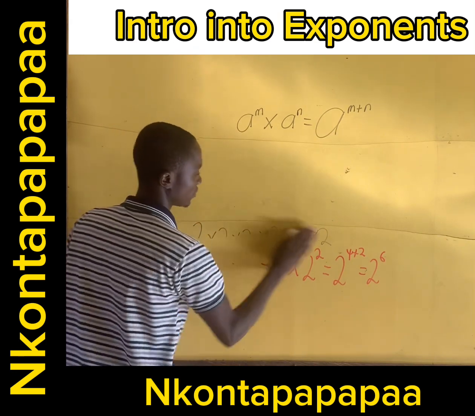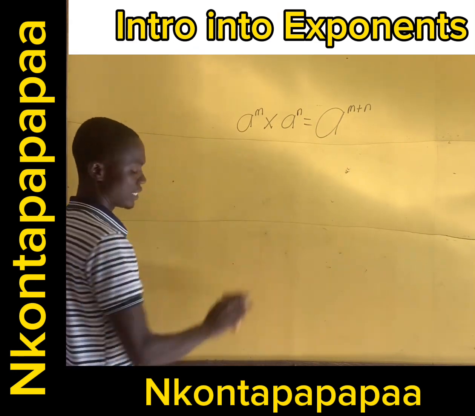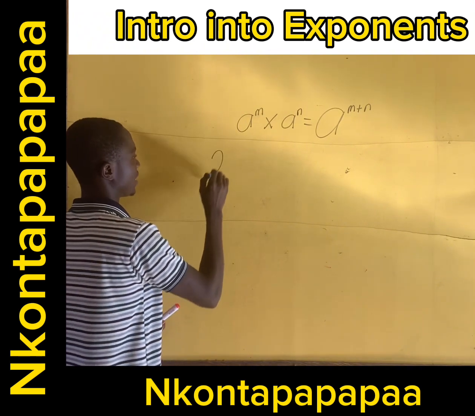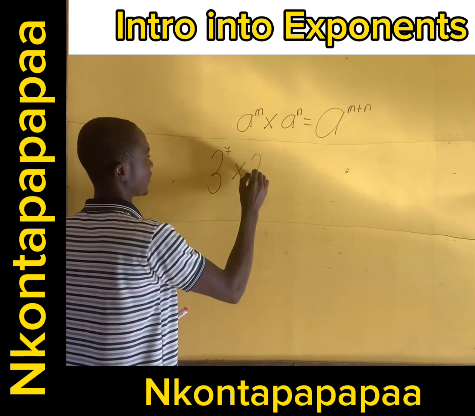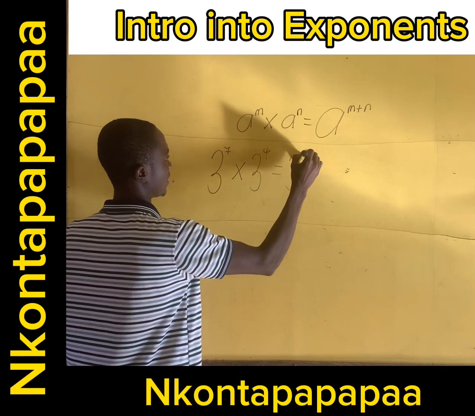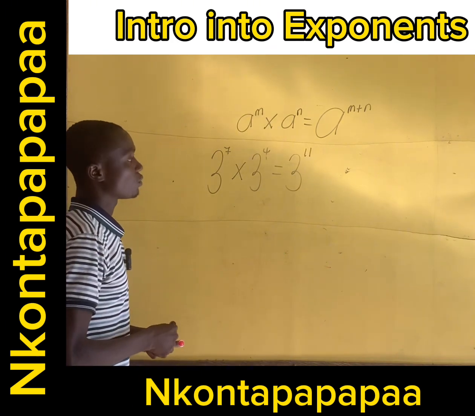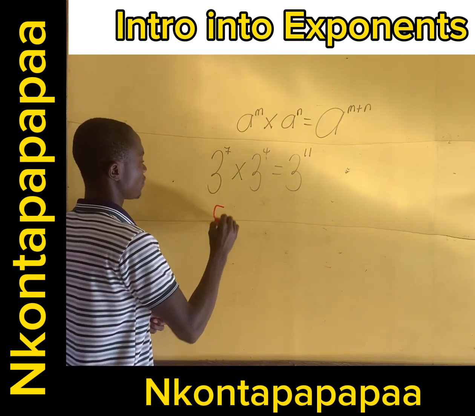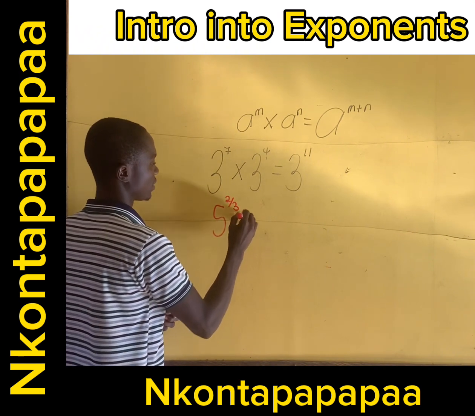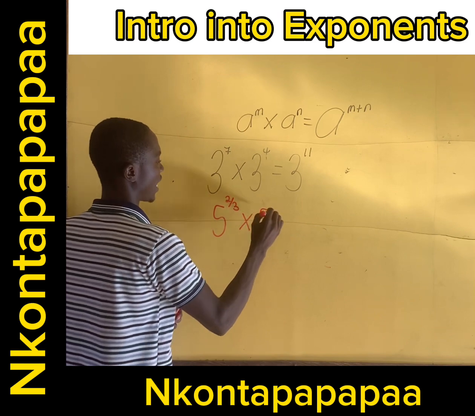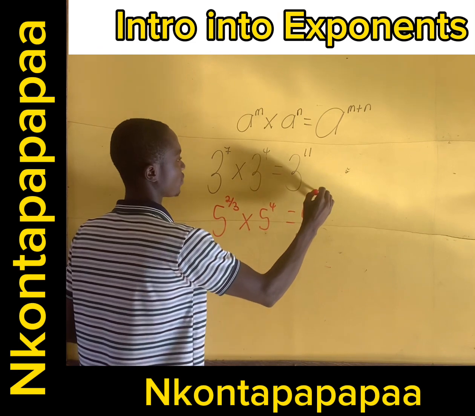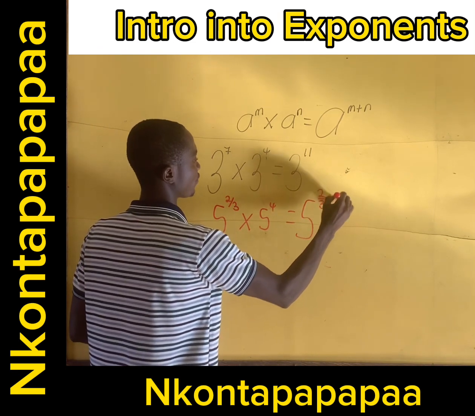Wow, so let's see this. If I have, let's say, 3 exponent 7 times 3 exponent 4, then I have 7 plus 4 is 11. If I have 5 exponent 2 out of 3 times 5 exponent 4, then it is equal to 5 exponent 2 out of 3 plus 4.